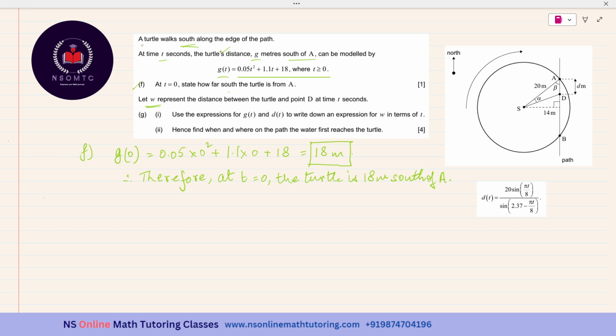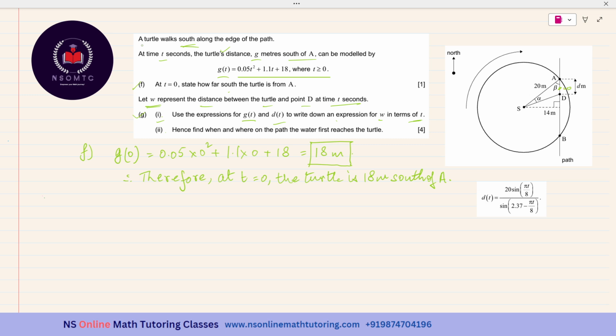Let W represent the distance between the turtle and the point D at time t seconds. Use the expressions for g of t and d of t to write down an expression for W, the distance between these two in terms of t. Now the turtle can be over here, which is moving towards the south.